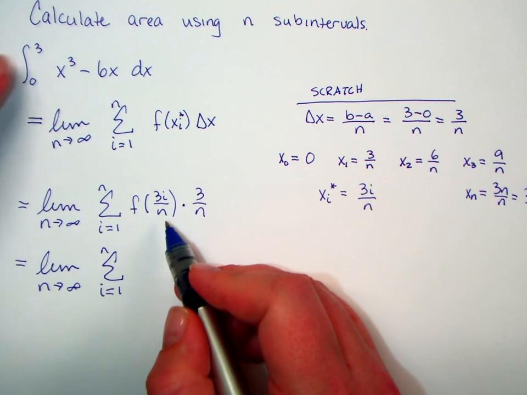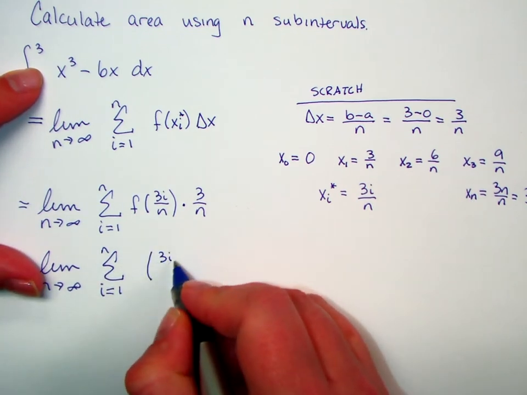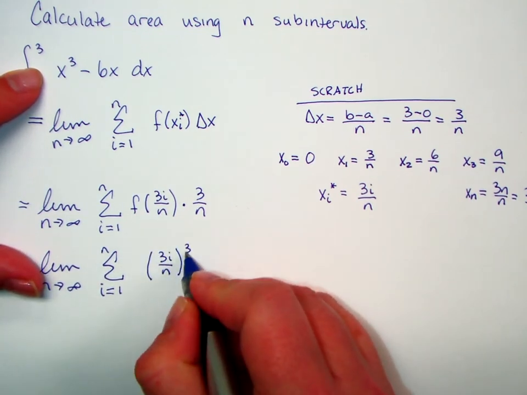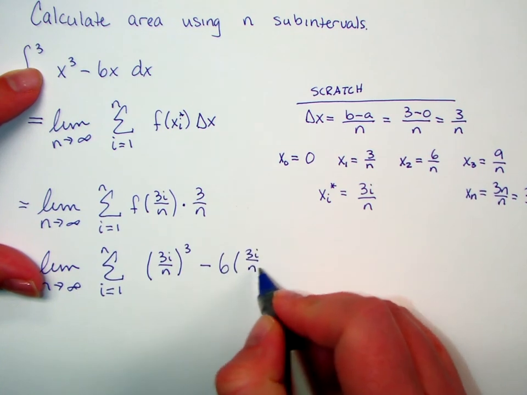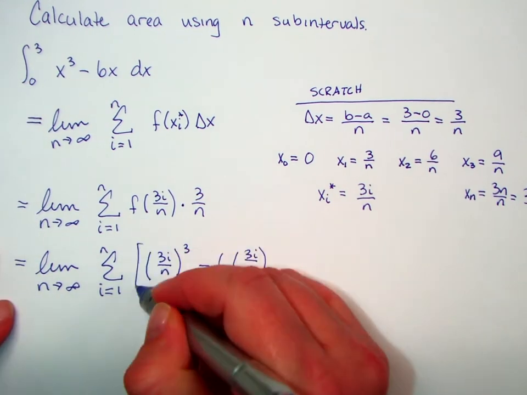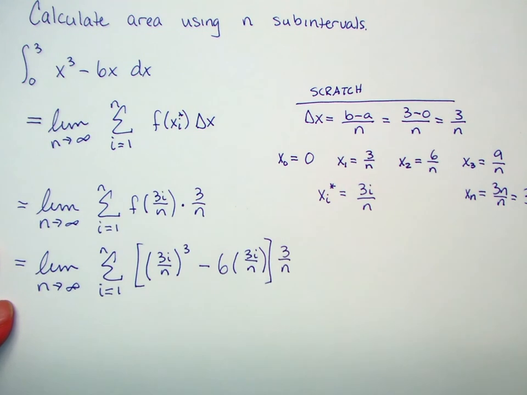If I plug 3i over n into the function, I'm going to get 3i over n cubed minus 6 times 3i over n. And all of this is multiplied times delta x, which is 3 over n. So here's the height of all of our rectangles, and here's the width.